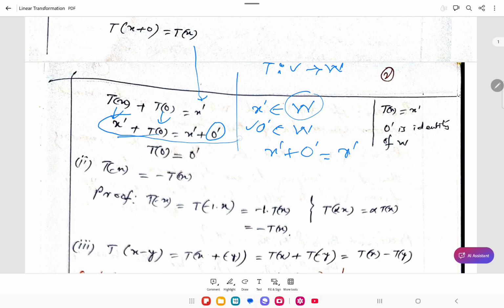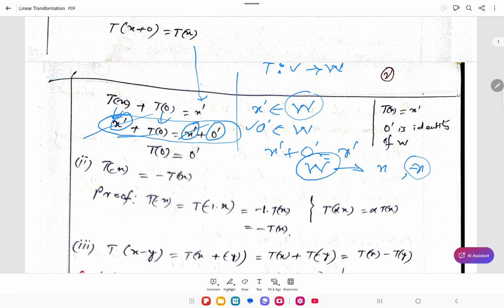Now in this equation, if we compare the quantities on both sides, here is x dash on the left hand side, and on the right hand side also we have x dash. These two quantities are the same and we can cancel. Why can we cancel? Because this x dash belongs to vector space W, and W must be an abelian group. If it is an abelian group, there exists an additive inverse. If x exists, minus x also exists.